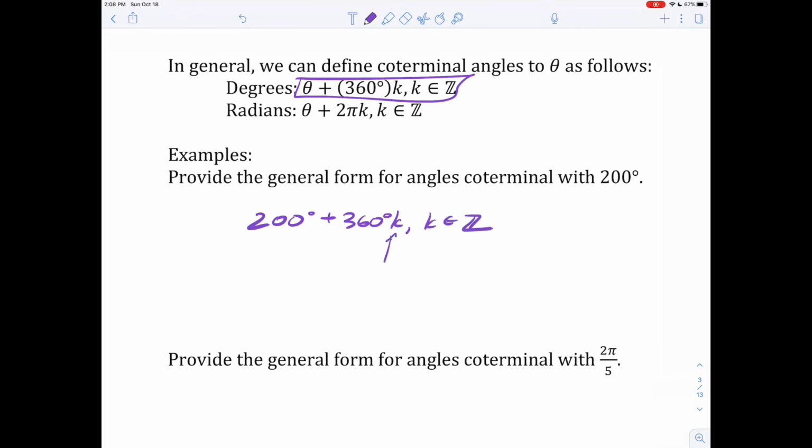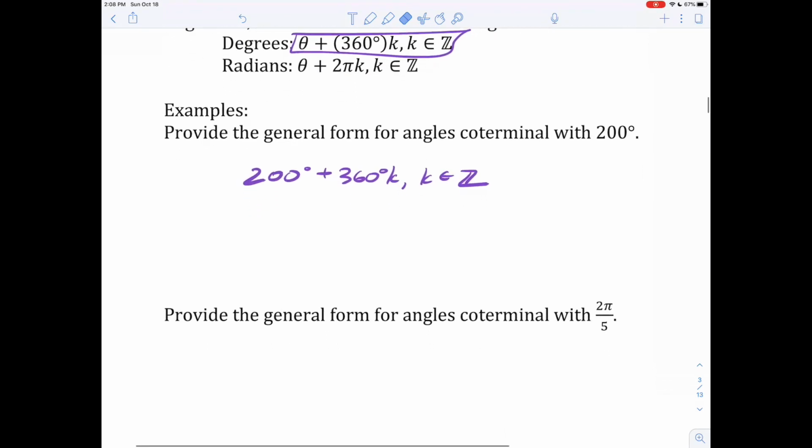So we're saying we can plug in any integer value here, and it will be coterminal. k could be 7. So if we add 367 times, we'll still have something coterminal. If we do it negative 17 times, then we'll still have something coterminal, because it's still some multiple of 360 that's being added.